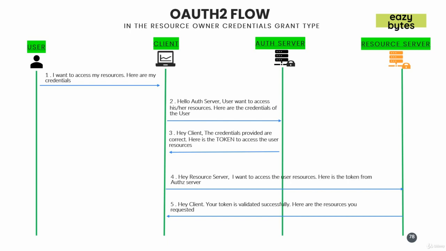As a user, I'll go to either the loans application or cards application or accounts application. If I click login, and we follow previous grant types like authorization code grant type and implicit grant type, the client will redirect me to the auth server where I have to enter my credentials.